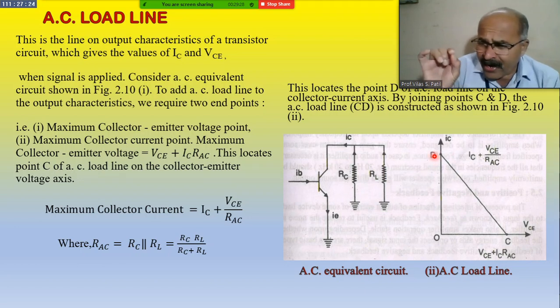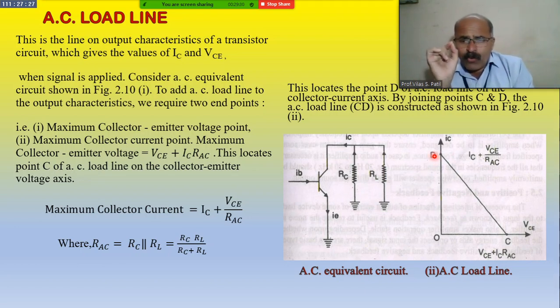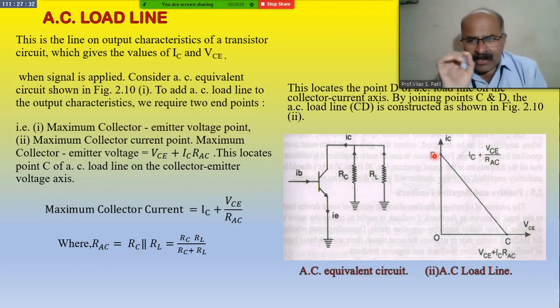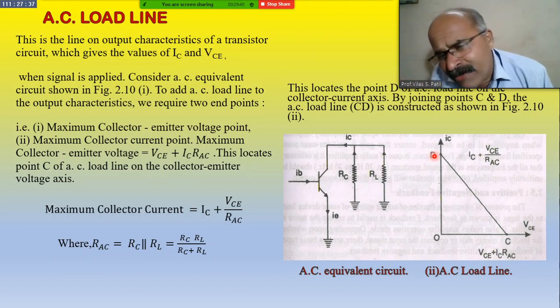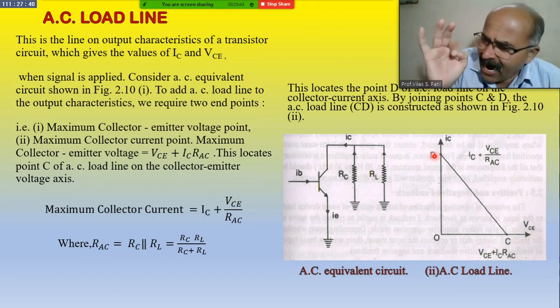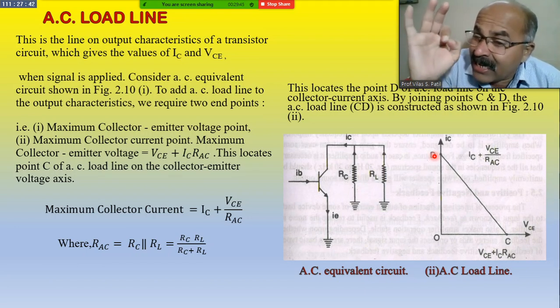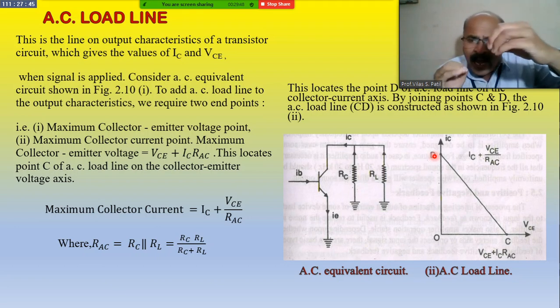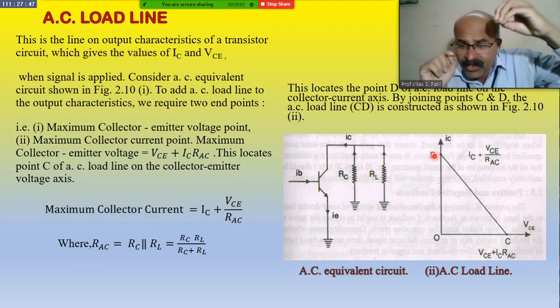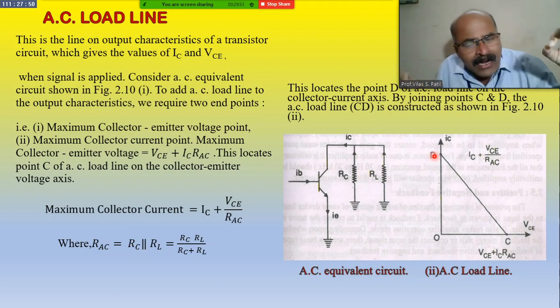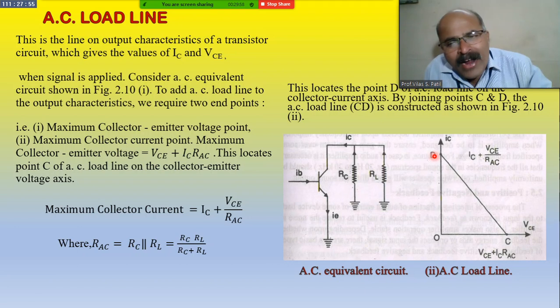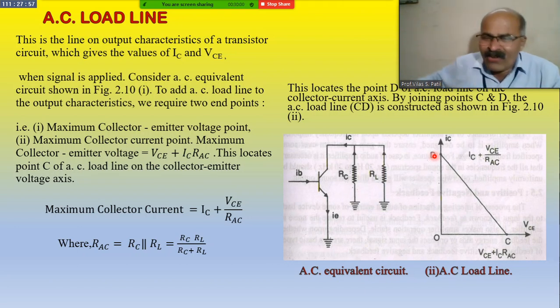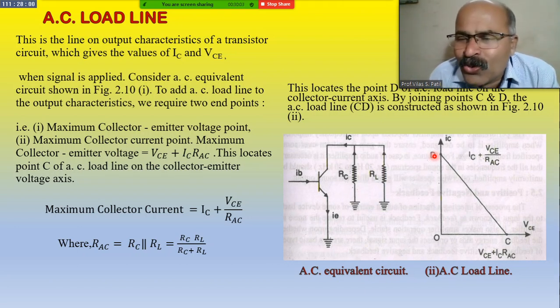And if we are successful in locating the values of these 2 points, that is C is the maximum collector emitter voltage and D is the maximum collector current, then by marking these 2 points C and D, just draw a line passing through these 2 points.